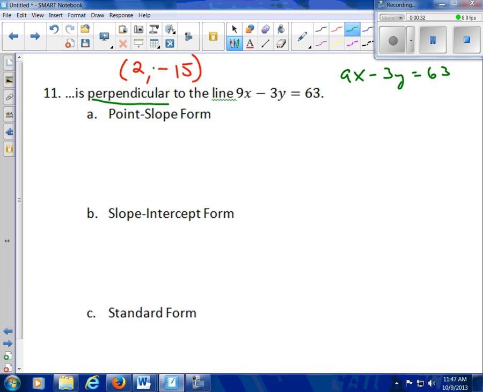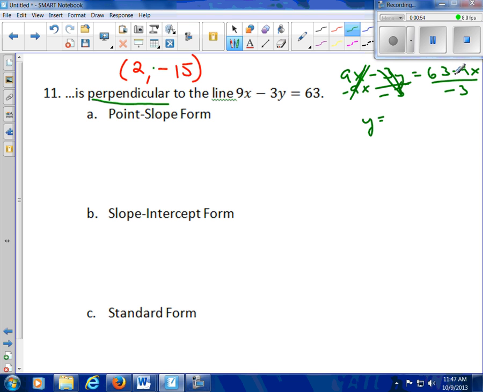So I do that real quick by subtracting 9x from each side. And I get negative 3y equals 63 minus 9x. So I need to get y by itself, so I divide both sides by negative 3. So negative 3 is going to cancel out negative 3, giving me y by itself.